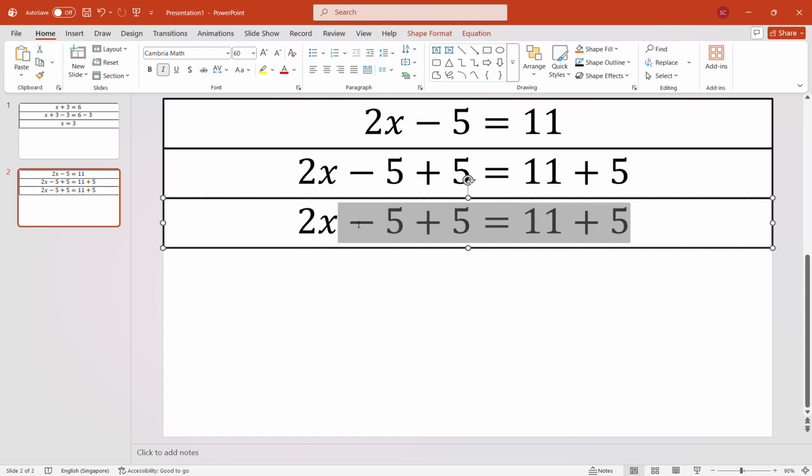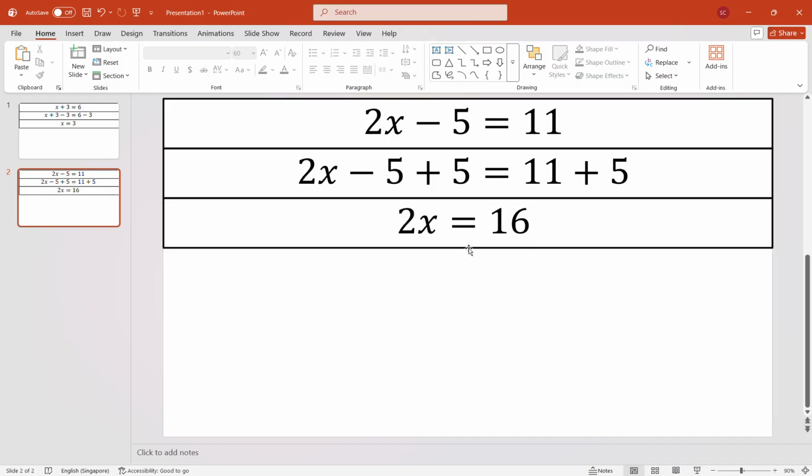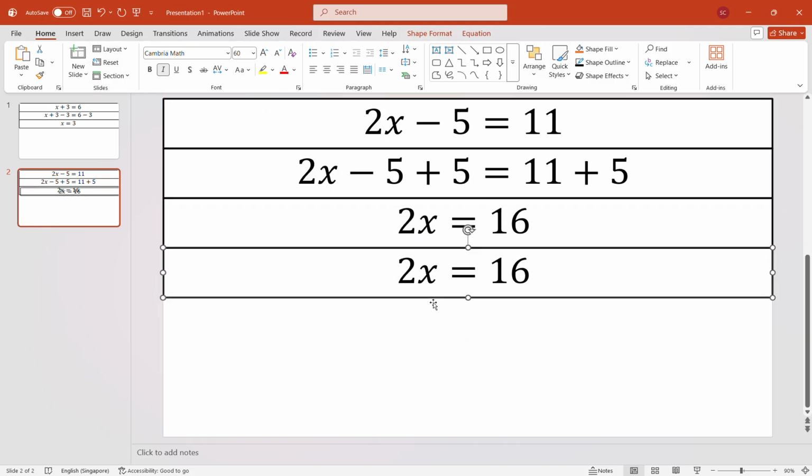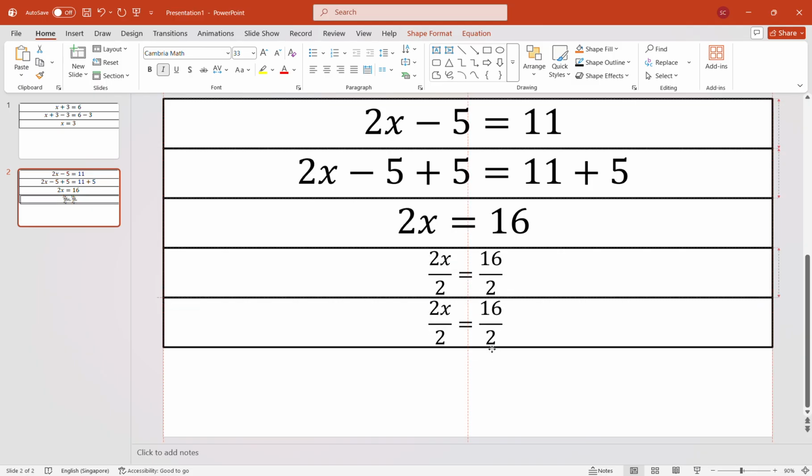The minus 5 and plus 5 cancel out, and this just becomes 16. However, there is another step, because we want to find x, not 2x. So in order to isolate the x, we have to divide both sides by 2, right? So this just becomes x is equal to 8.